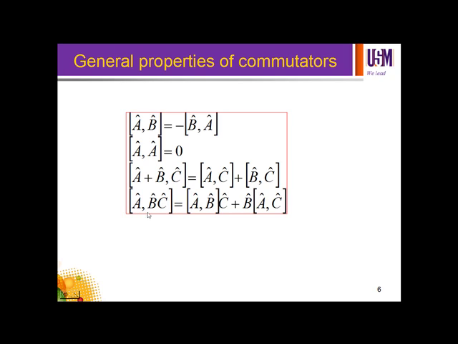And if you are commuting an operator with a product of two operators, then basically we can also bring this into the form [A, B] multiplied by C plus B times the commutator of A and C.